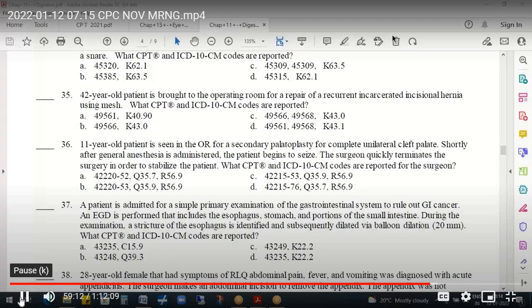Tulasi, can you read the code description for 49561? Encapsulated and or strangulated. Okay, that's it. Like that only we need to read. Read the code description completely.